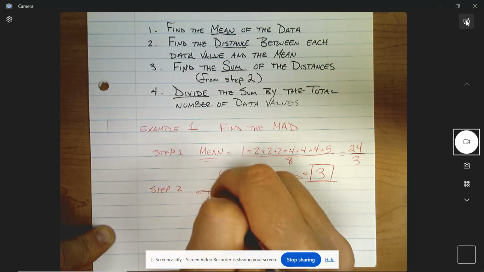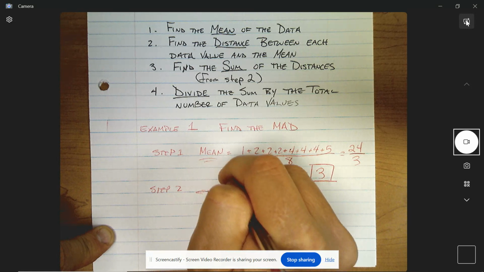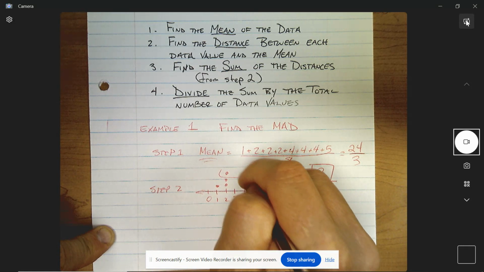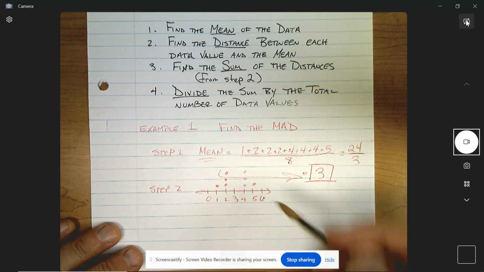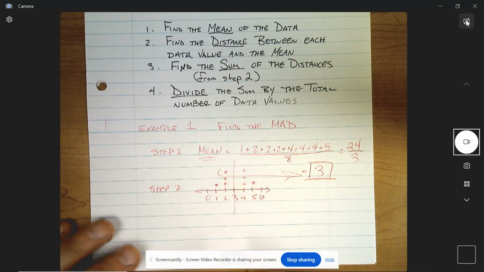See, they put a dot here, they put 3 dots here, and then 3 dots here, and then they're 5. So here's our average right there in the middle, and we want to know how far away those are.